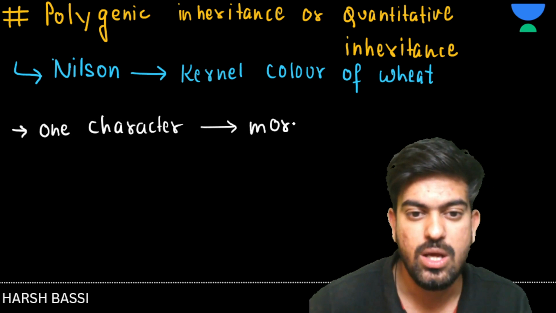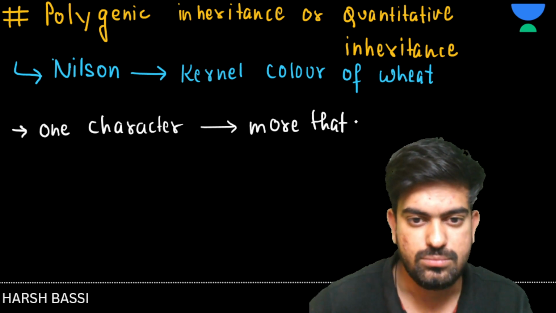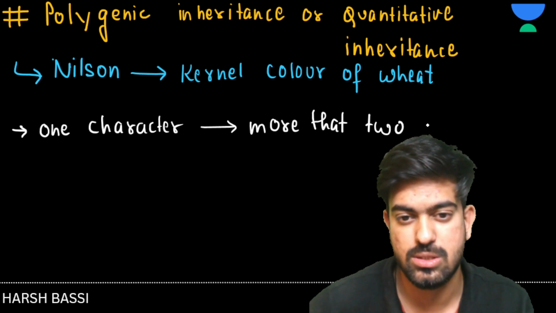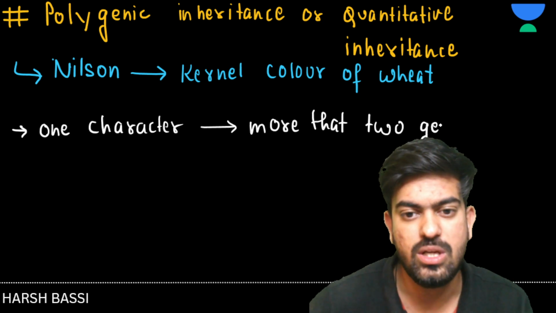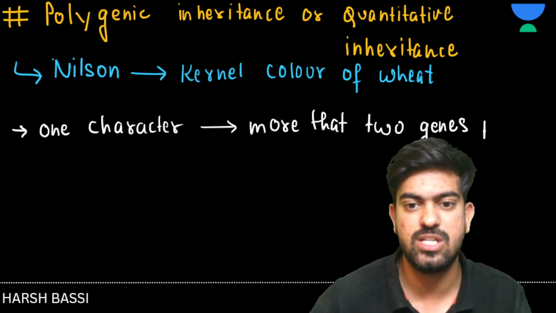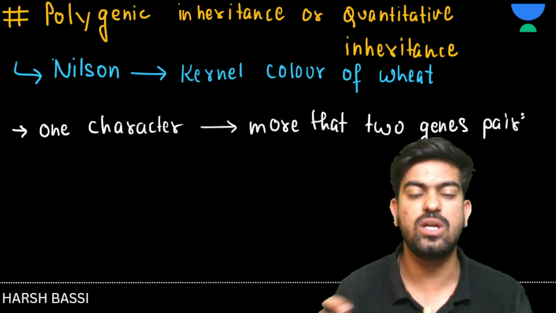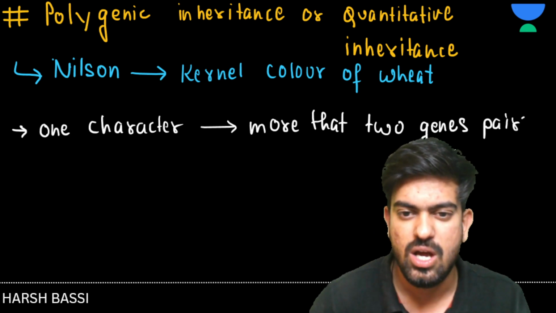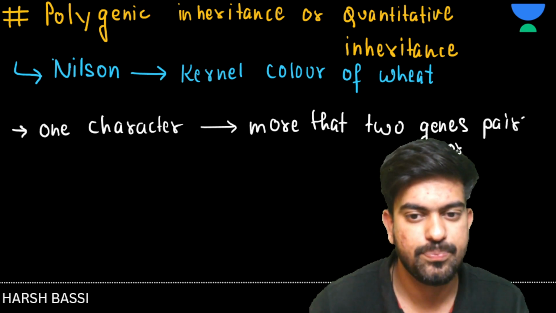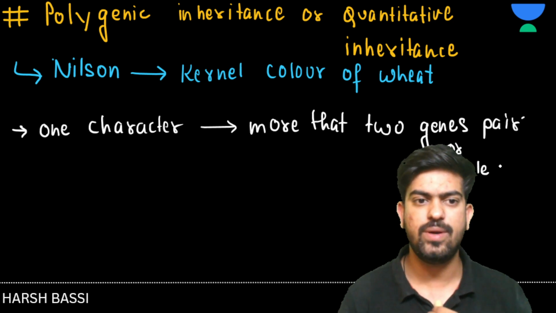Sorry, alleles. If I am using the word gene, I should write gene pairs, and if I am using the word allele, I'll just write allele. Clear? Any doubts?